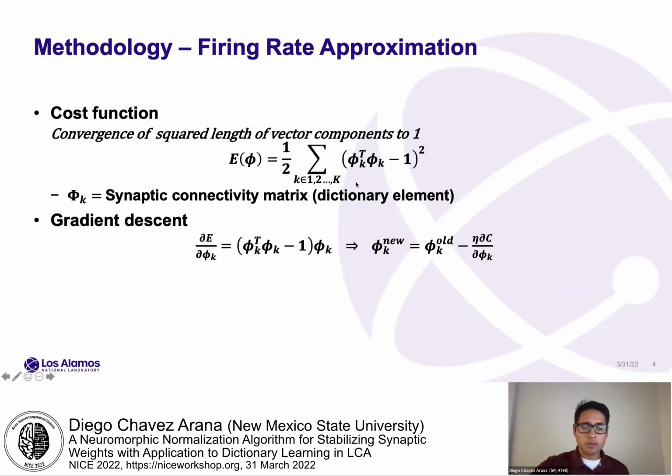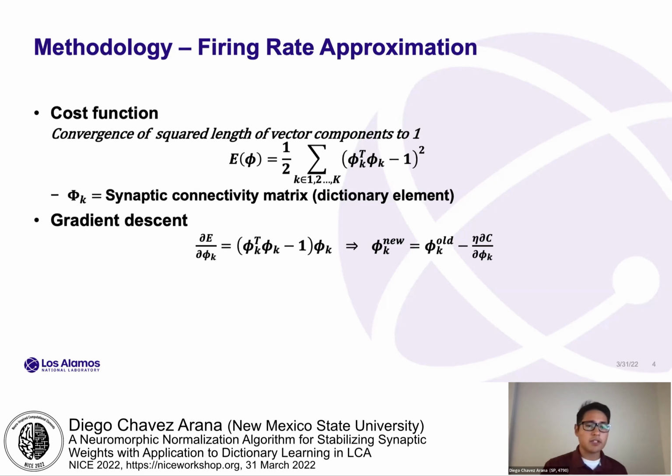This computation will cause phi to be minimized between its value and a vector of unit length. Consequently, if the connectivity matrix has a length of 1, it will not have any effect.